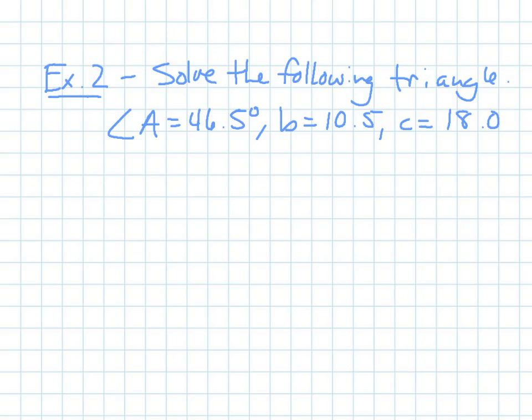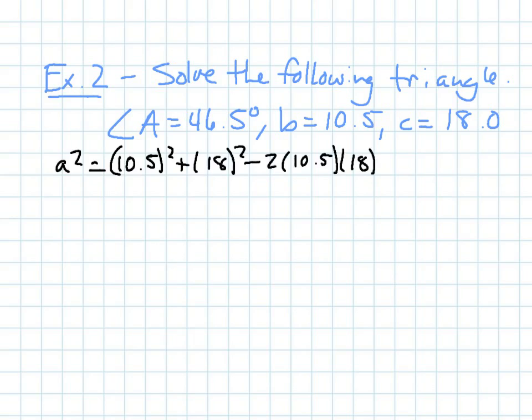Well, actually, I believe because you don't have that third side, you can't find anything other than the third side. So let's do that instead. So a squared is going to equal 10.5 squared plus 18 squared minus 2 times 10.5 times 18 times cosine of 46.5.